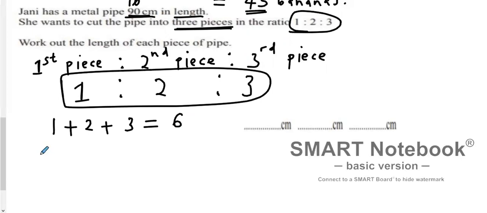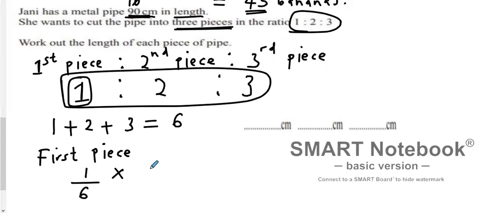So if I'm looking for the length of the first piece, we're gonna do, the first piece has a ratio number of 1 out of this total ratio, out of 6. Then multiplied by the length of the pipe, which is 90 centimeters.